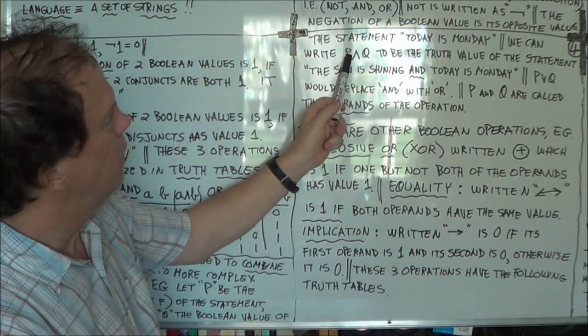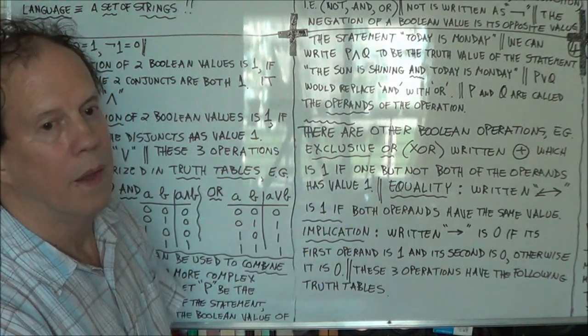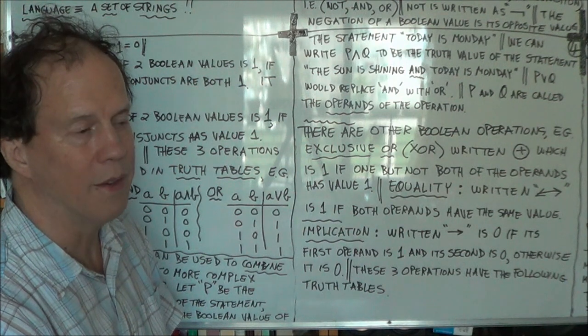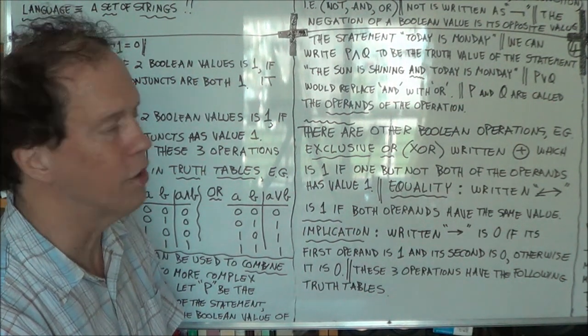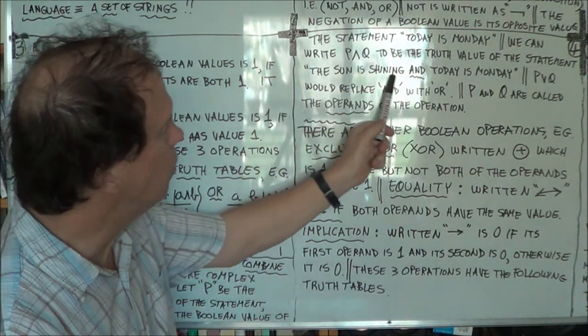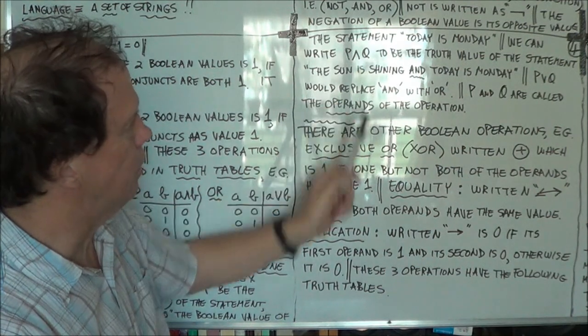So you're putting two statements together, and the truth value of this combined statement would be P and Q. Because if the sun is shining and today is Monday, then this whole thing is true. So if that's true and that's true, then using the definition of conjunction, and using the and truth table, this would be true. Now, if either one of these or both is false, this will be false.